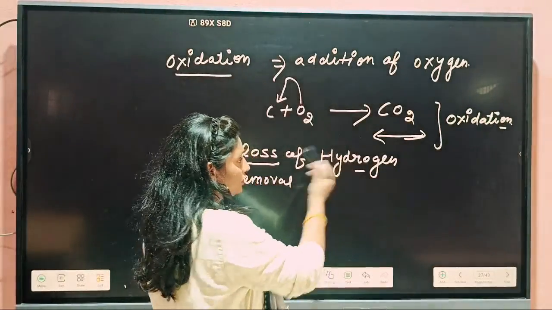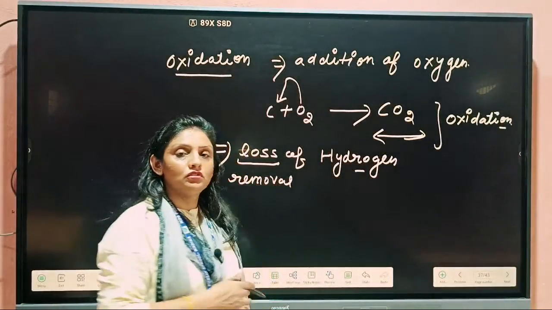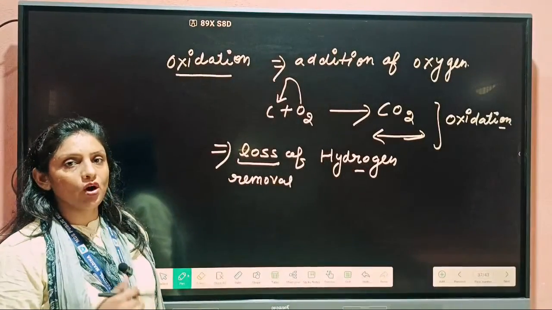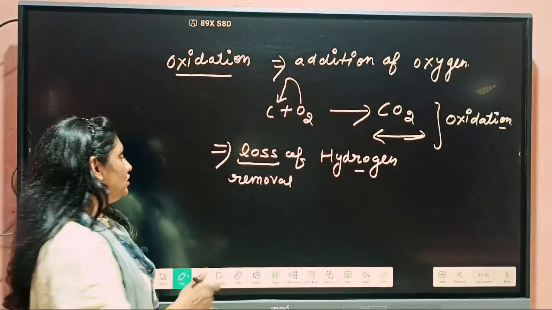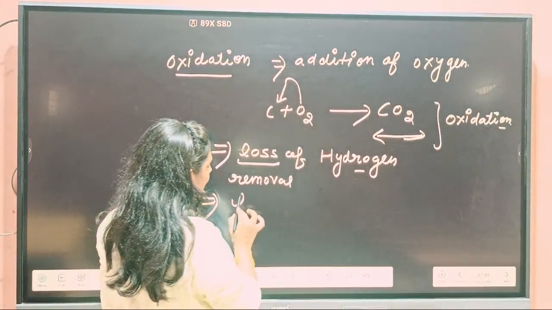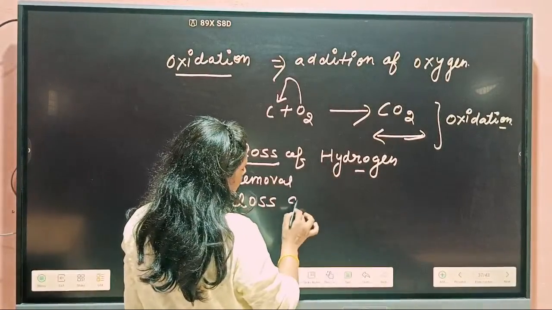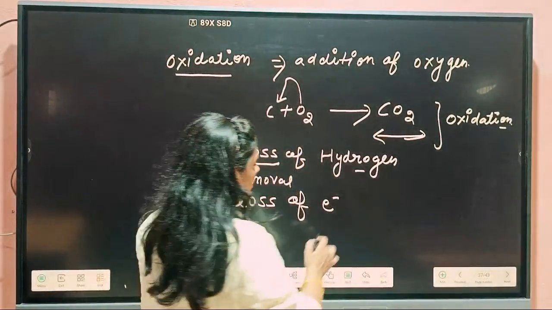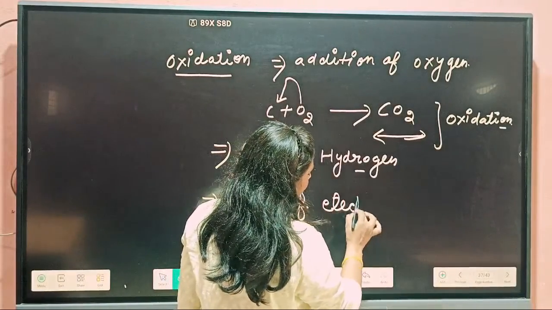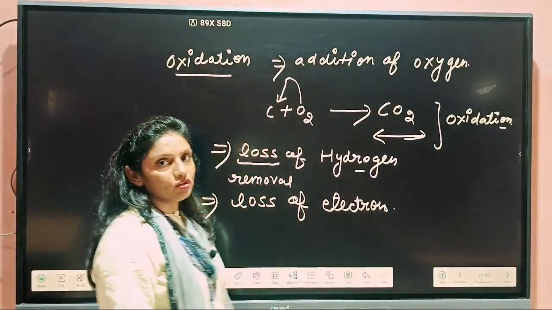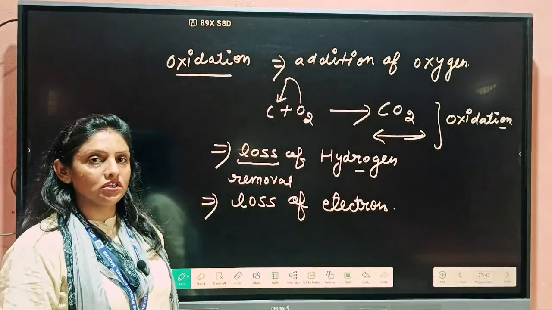Either oxygen will be added or removal of hydrogen takes place, then that process is known as oxidation. Students, one more definition is there: loss of electrons. If electrons are lost by any substance, then that process is known as oxidation.